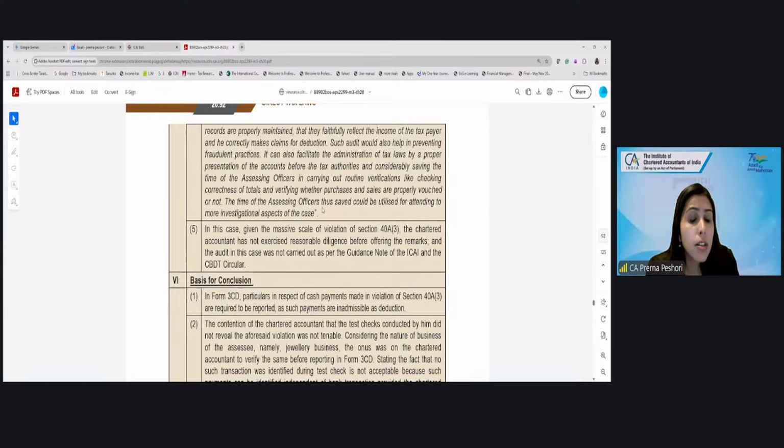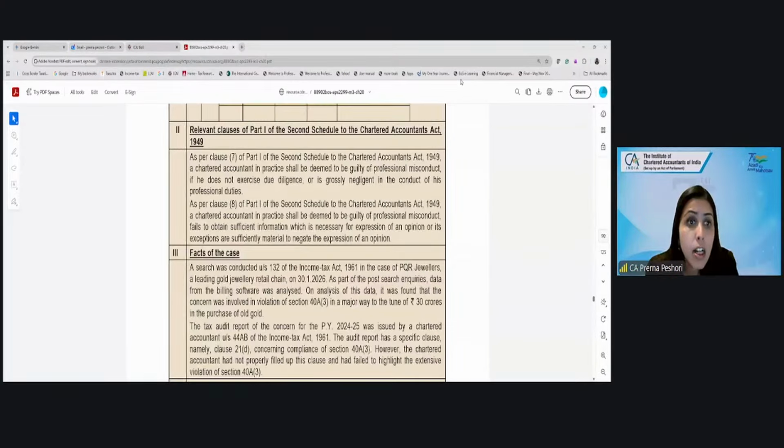Right? Because what does clause 7 say? The CA shall be deemed to be guilty of professional misconduct if he does not exercise due diligence or is grossly negligent. Clause 8 says a chartered accountant in practice shall be deemed to be guilty of professional misconduct where he fails to obtain the sufficient information which is necessary for the expression of an opinion or its exceptions are sufficiently material to negate the expression of opinion.